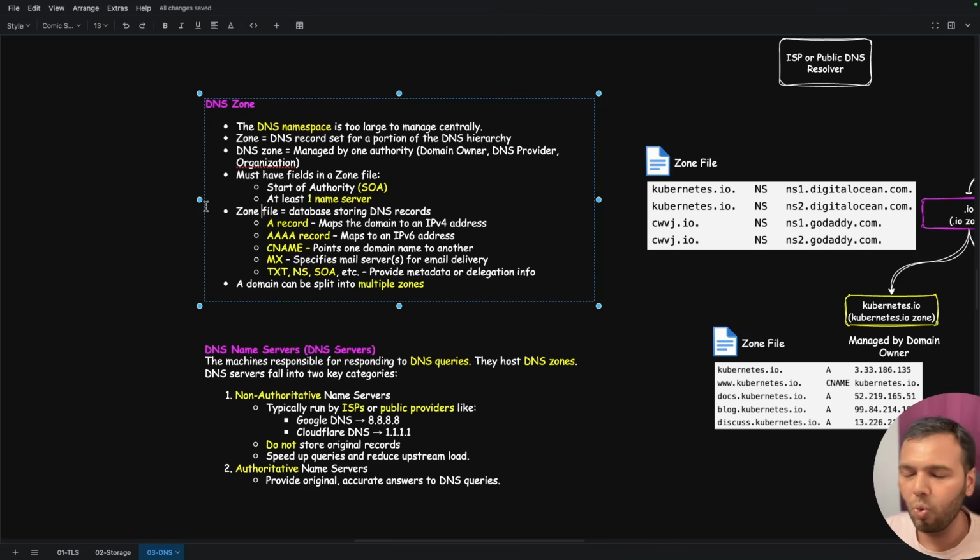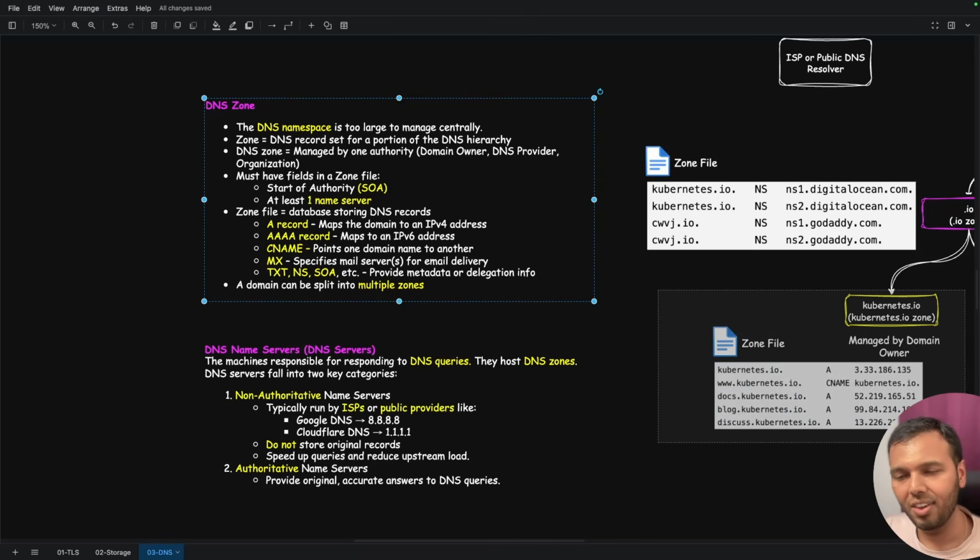So when someone visits www.kubernetes.io, the DNS lookup is redirected to resolve kubernetes.io. This is because for www.kubernetes.io, there is a CNAME record created which will redirect that to kubernetes.io. So this is an actual use case of the CNAME record, and we are learning to walk right now.